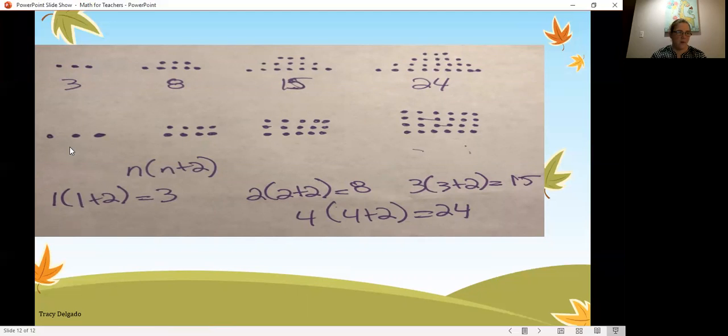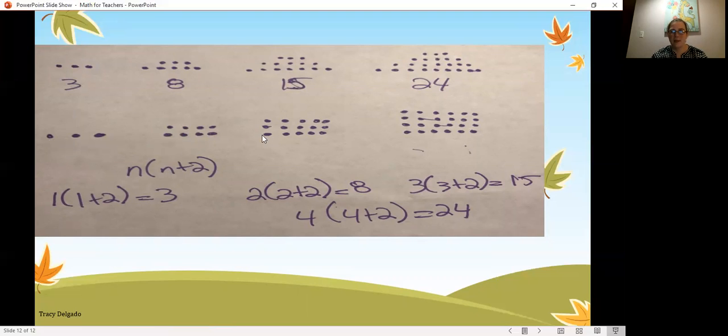And in the next part, we are to show how the dots, the representation of a trapezoidal number, can be rearranged into a rectangle with 2 or more columns and rows. And this one is still going to be 3 because there's no way we can make more than 1 column. This one I did 4 columns of 2: 2, 4, 6, 8.